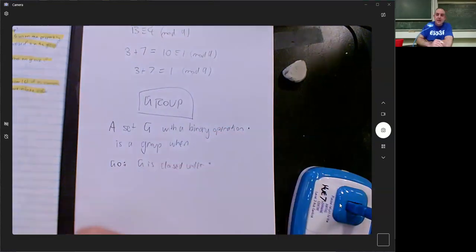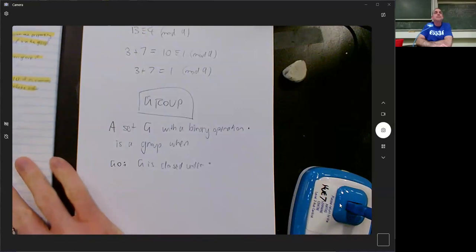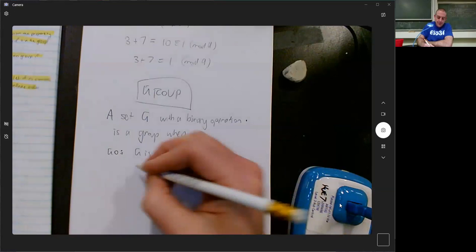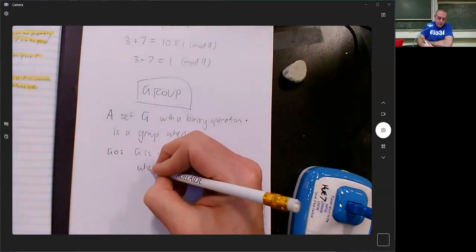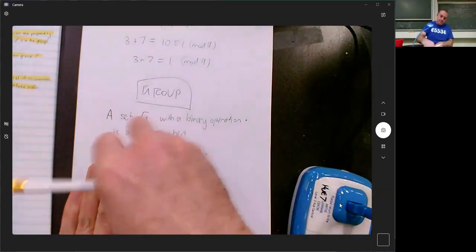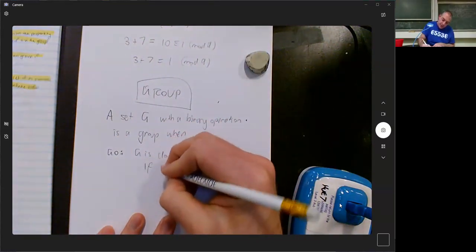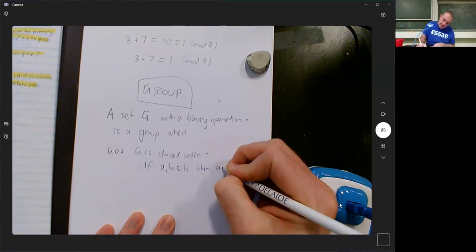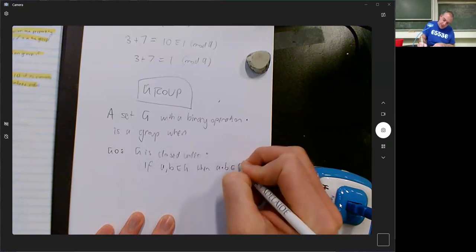And what does closed mean? If A and B are both in G, then A dot B is in G as well.